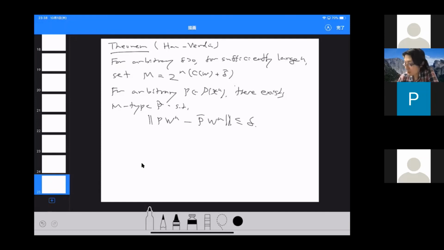Okay. So by this and the previous two lemmas, we can show that the ID capacity is less than Shannon's channel capacity.